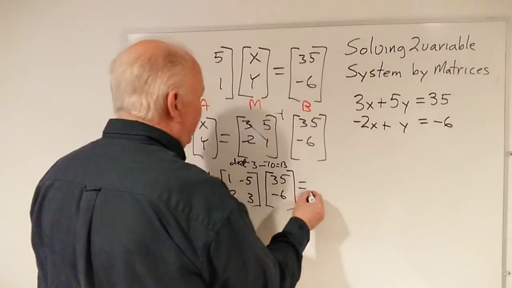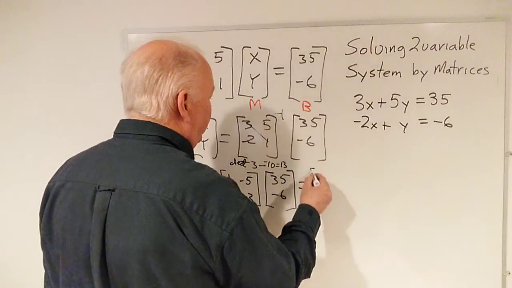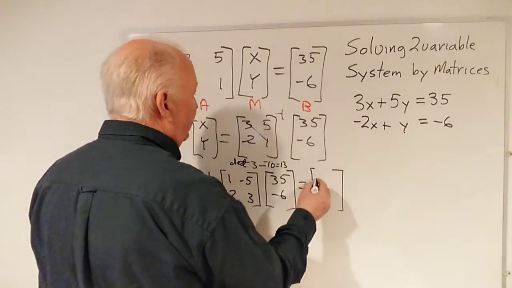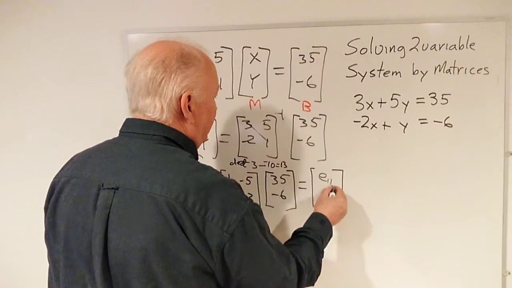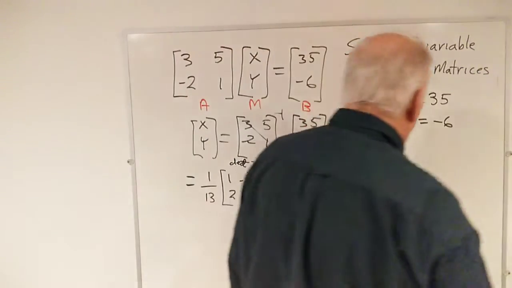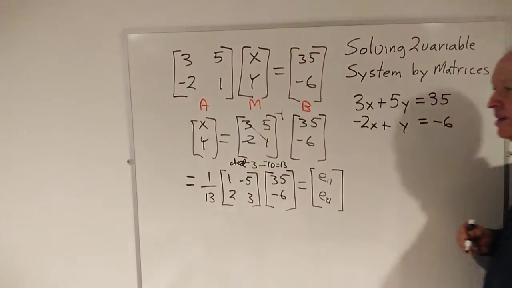And that will equal, according to the rules, a 2 by 1 matrix. And so now we need to calculate what those two entries are.